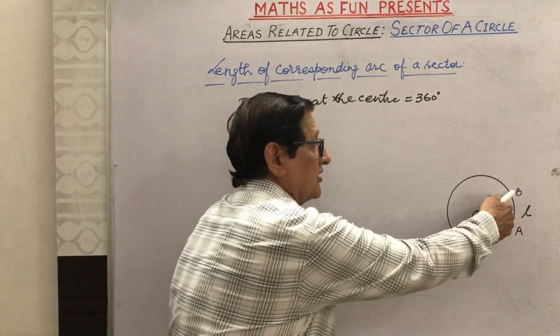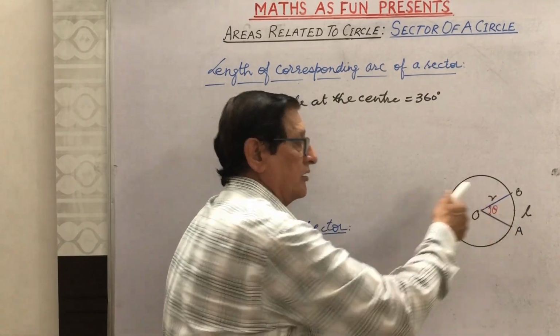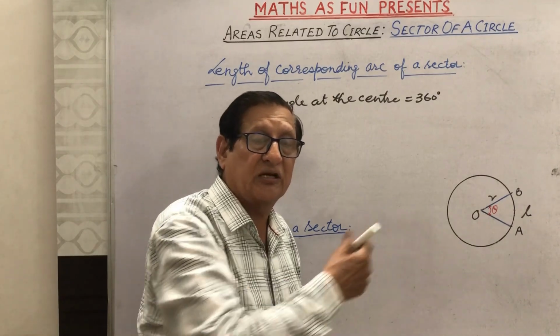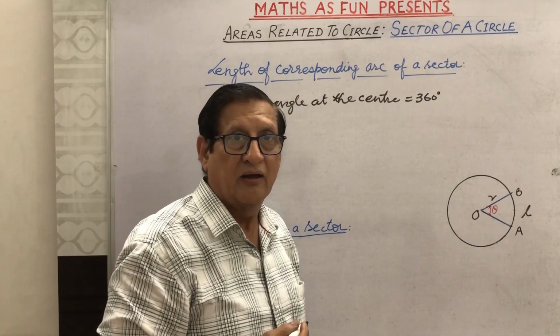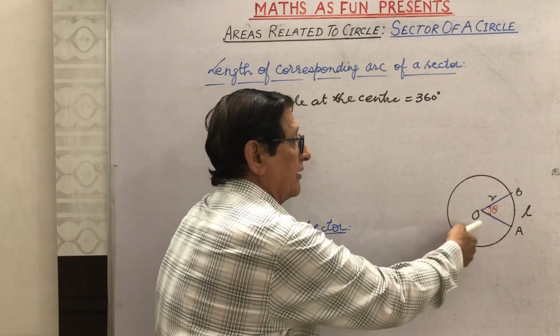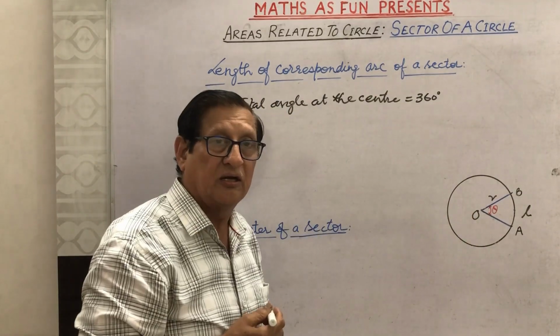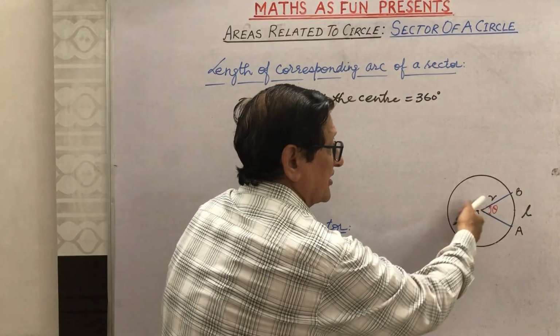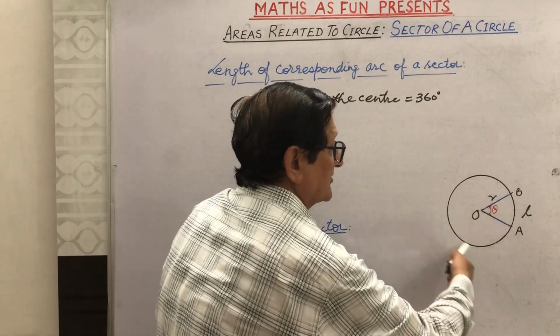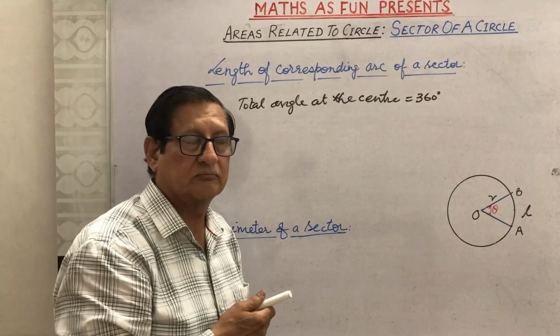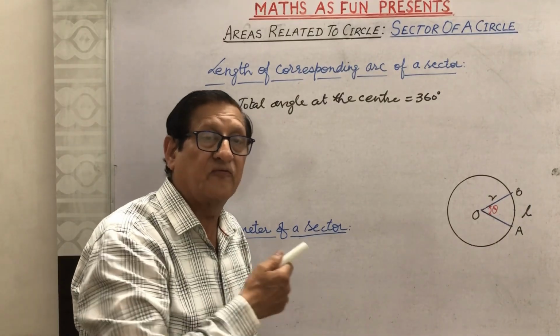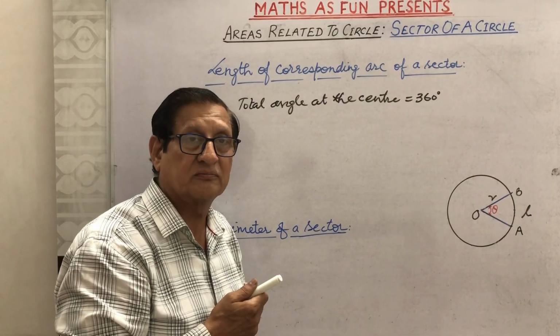We want to find out the length L, that is of arc AB, which is corresponding to this sector. We know that the complete angle at the center is 360 degree.